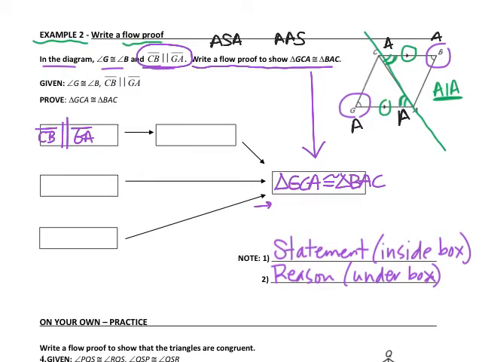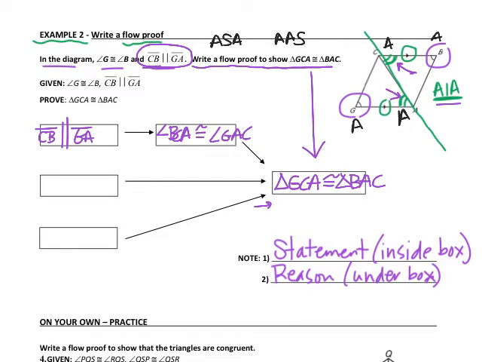Remember, we said that angle BCA in the right-hand triangle is congruent to angle GAC in the left-hand triangle. Okay, so we had these two because they were alternate interior angles.